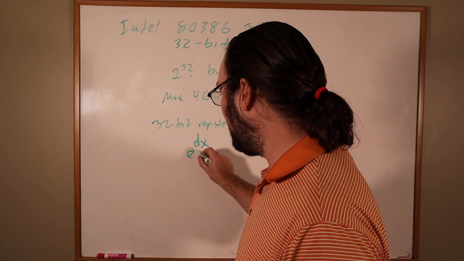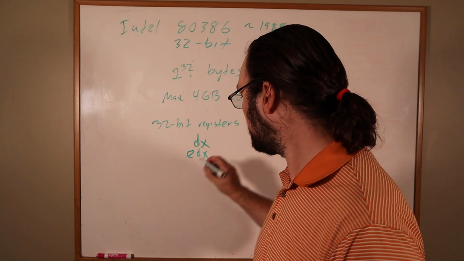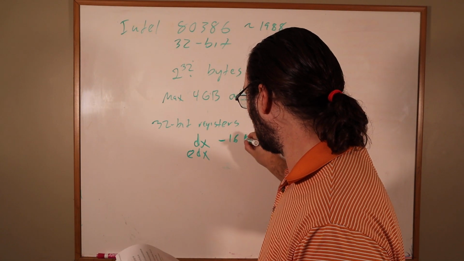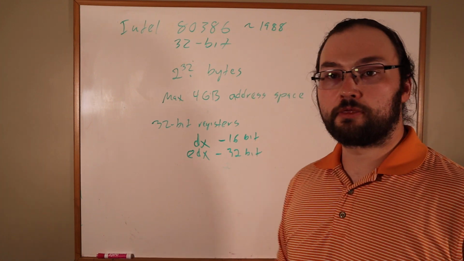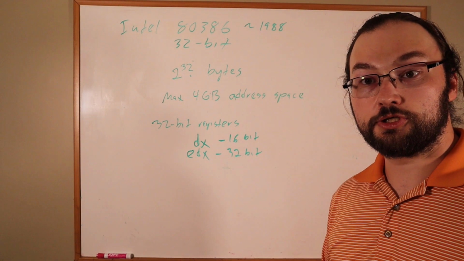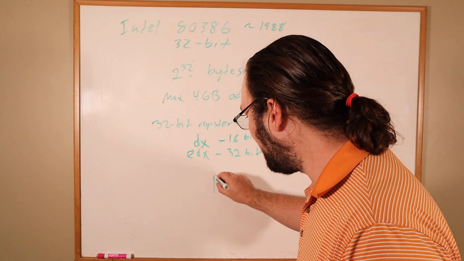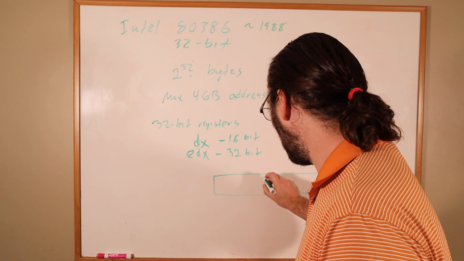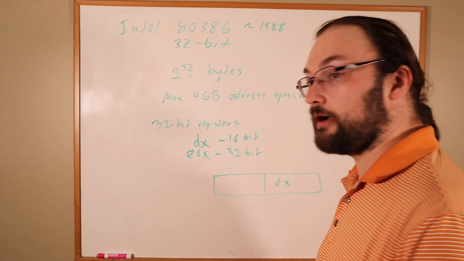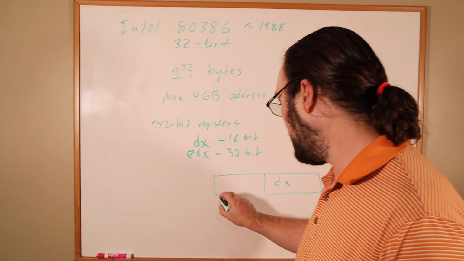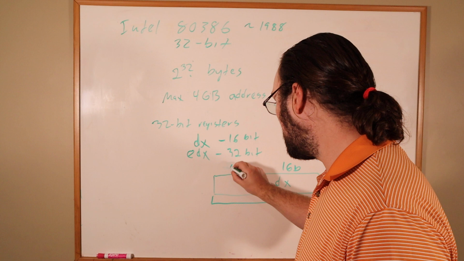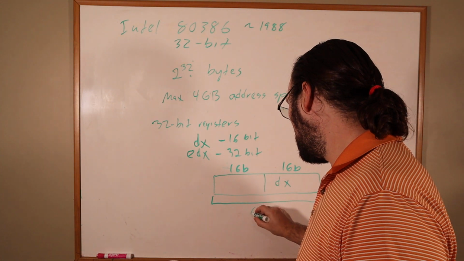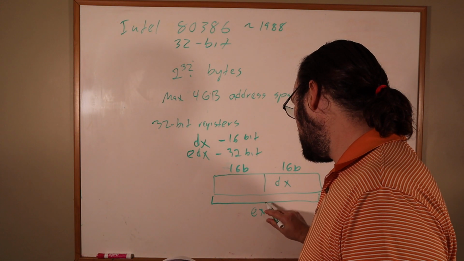So we have extended DX, which is the 32-bit version of the 16-bit register. They're actually the same register. So if we have our DX register here, so this is 16-bit, this is 16-bit, the whole thing is called EDX.